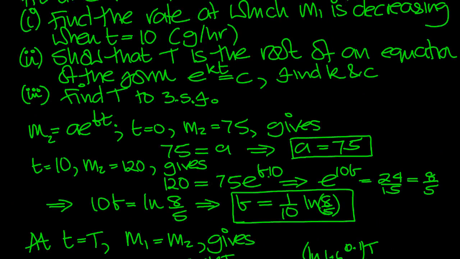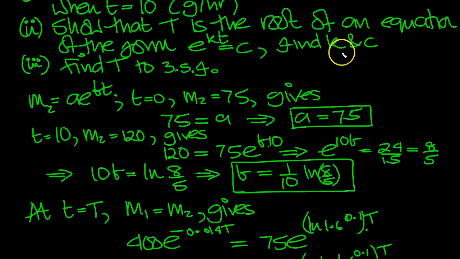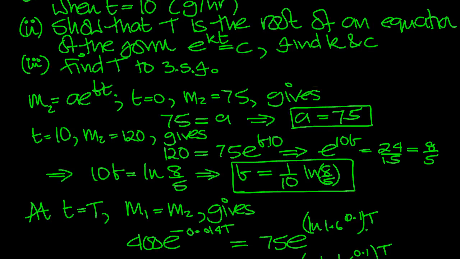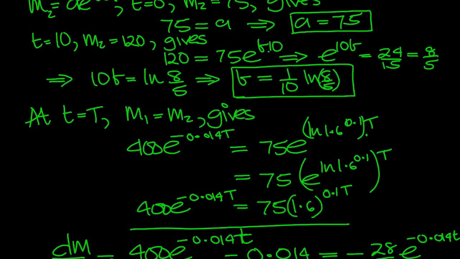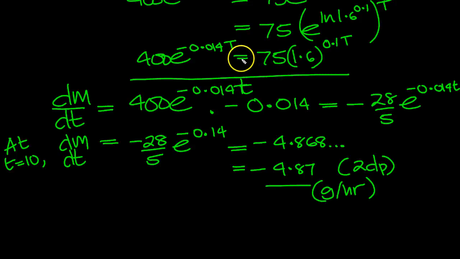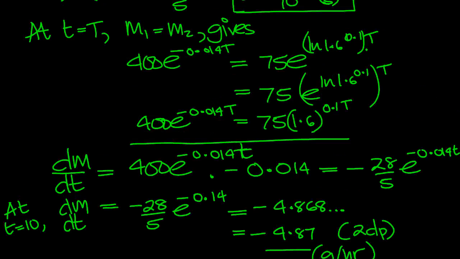So that's part 1. Show that t is the root of an equation of this form, e to the kt equals c. So again, we've done partially that problem. Right, so we've said that that satisfied the equation here, didn't we? Okay, so e to the kt equals c.